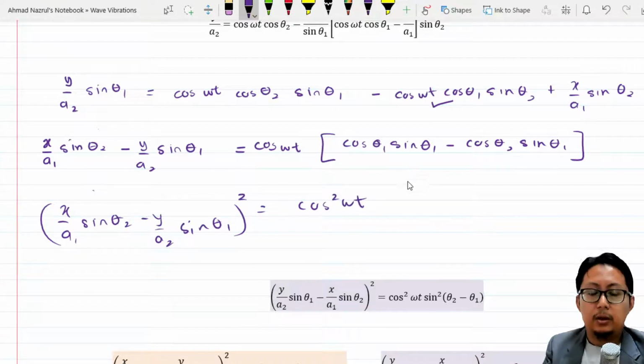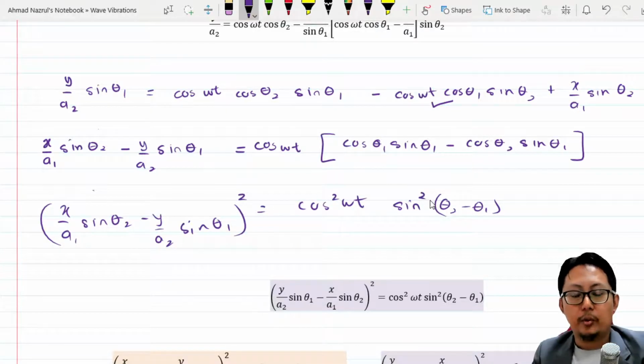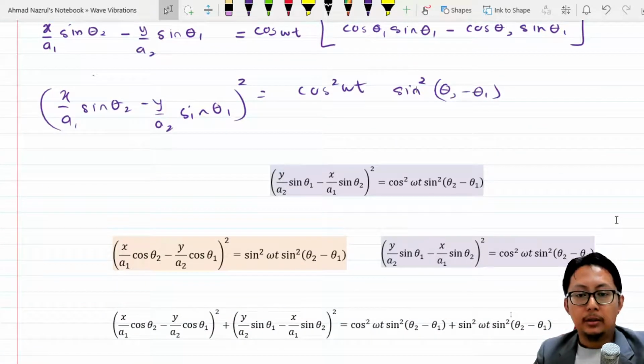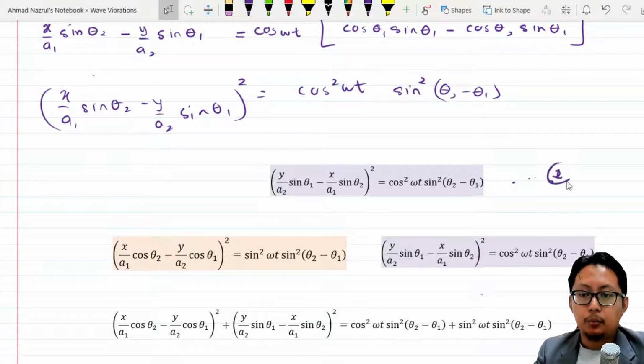For this one, we convert to the sine theta 2 minus theta 1 identity, and because we square everything, this one is a square. So finally you can get this equation number 2. So we have equation number 1 and equation number 2.